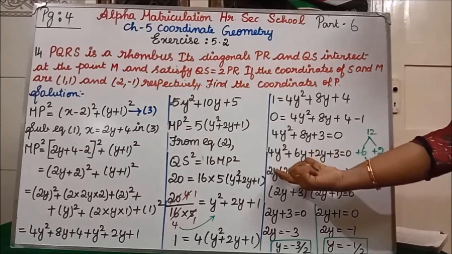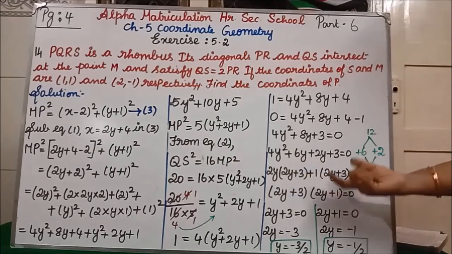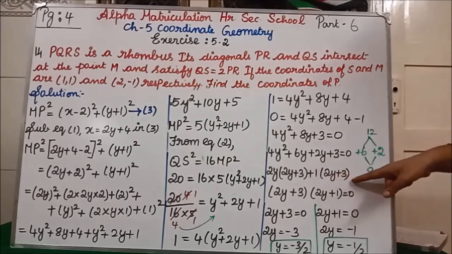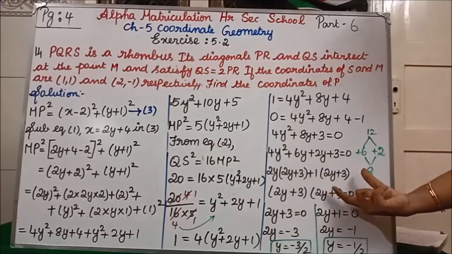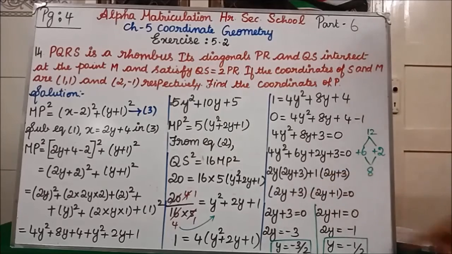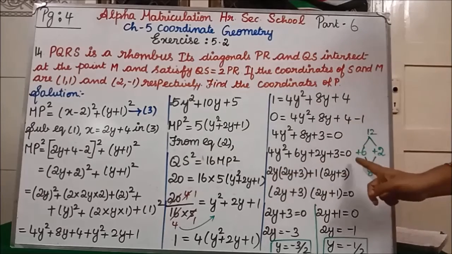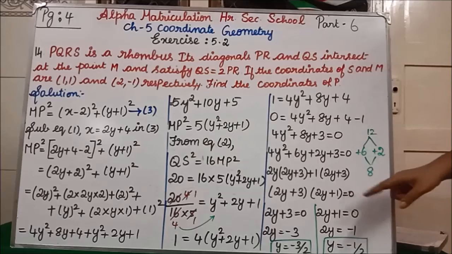From the first 2 terms we have taken common and we have got one bracket. Write that same bracket here. Then you see the remaining 2 terms: 2y plus 3, here also 2y plus 3. So if we put 1, it is enough. So 1 into 2y plus 3 is 2y plus 3. So we have 2 same brackets, so write that one time: 2y plus 3. Outside here what do we have? 2y. Here outside we have plus 1. So 2y plus 1 equal to 0.